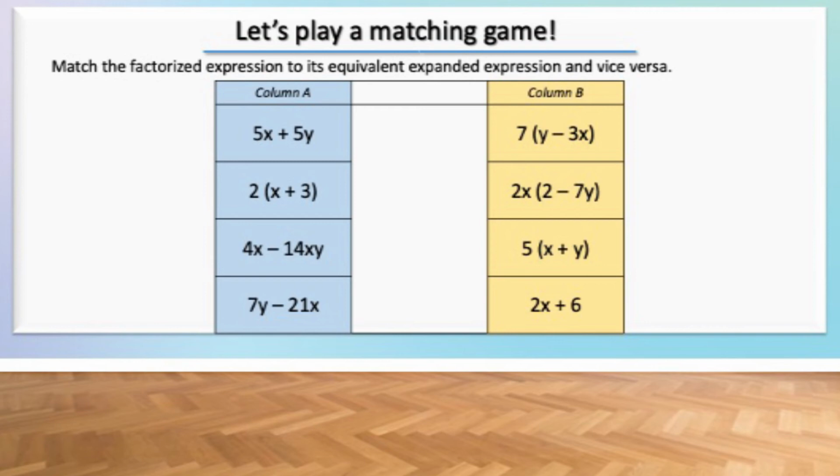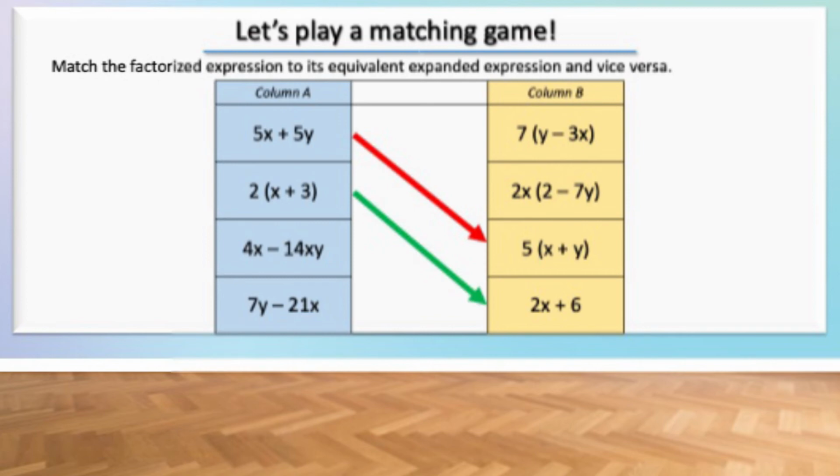If you said 5x plus 5y is equivalent to 5 multiplied by x plus y, you are correct. If you said 2 multiplied by x plus 3 is equivalent to 2x plus 6, you are correct.